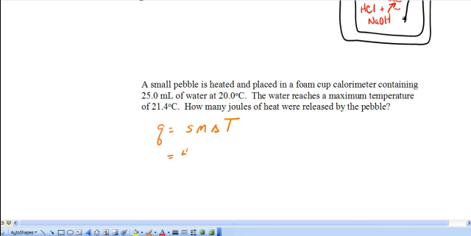The specific heat of the water, because that's actually what we're measuring, is 4.18 joules per gram per degree Celsius. The mass of the water is going to be, well, if it's 25 milliliters, the density of water is still 1 gram per milliliter. So 25 milliliters of water weighs 25 grams.